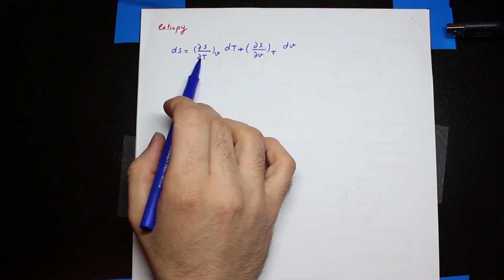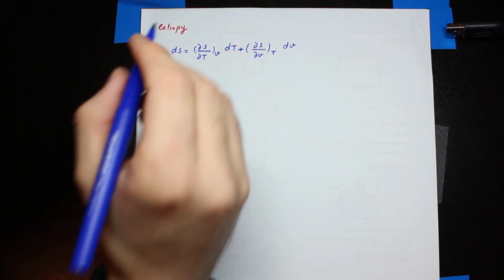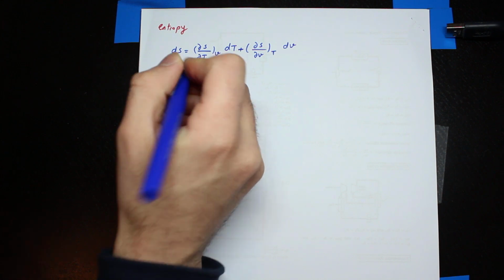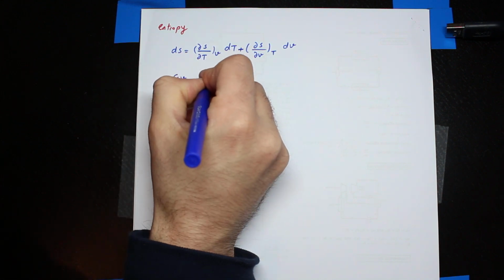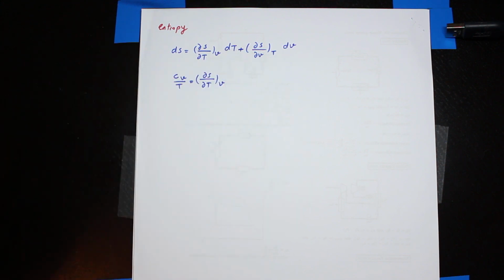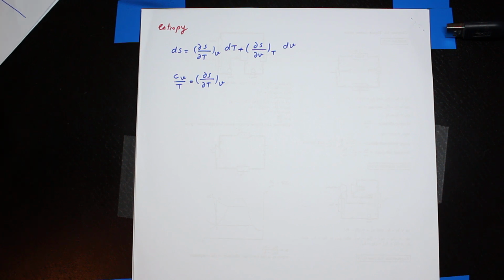So this is coming from before. Also, one of the equations we had from before was Cv over T is equal to partial S partial T when volume is constant.